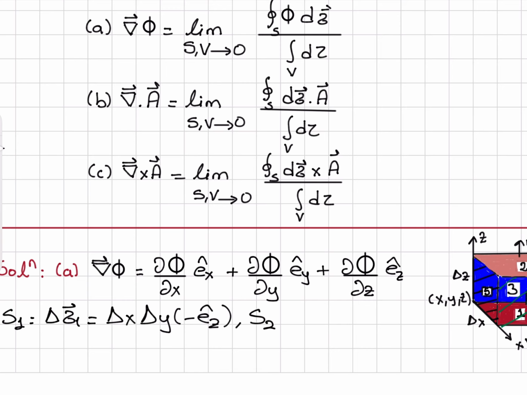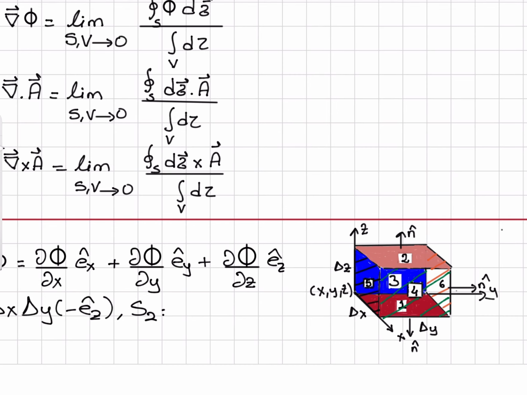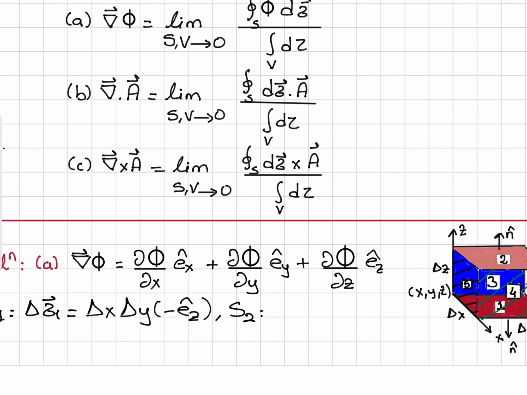And for S2, the top surface, it's again delta x, delta y, this time in the plus e_z hat direction. So delta sigma 2 is delta x, delta y in the plus e_z hat direction.